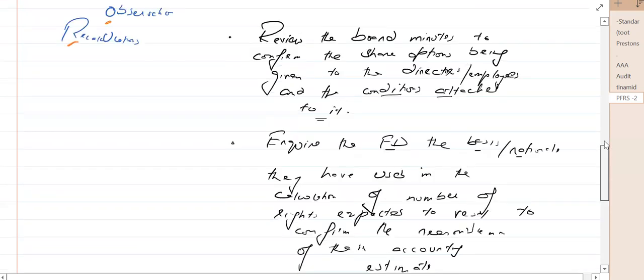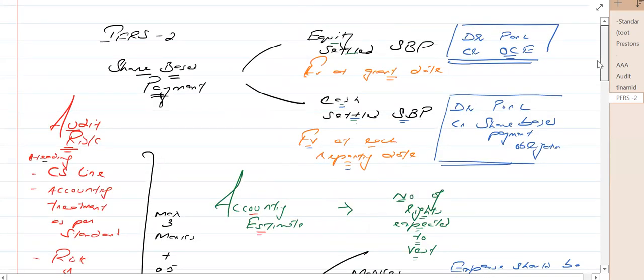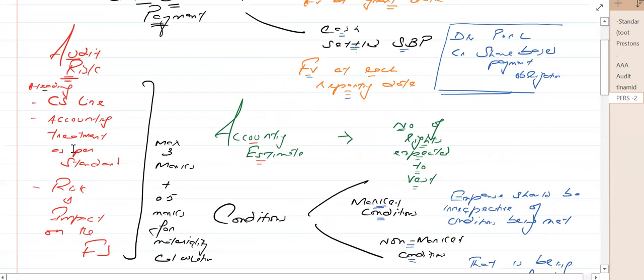So you see that you need to know the accounting treatment, and once you know the accounting treatment, you can easily write the risk, because writing the risk needs the accounting treatment. So in the risk part, you need the accounting treatment.